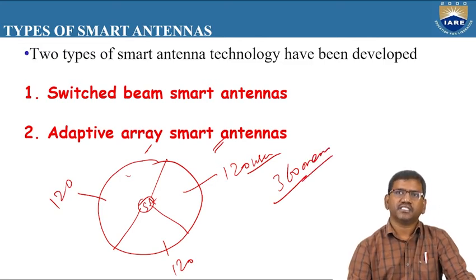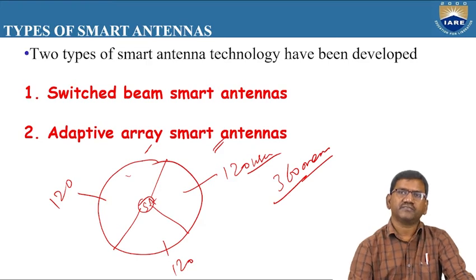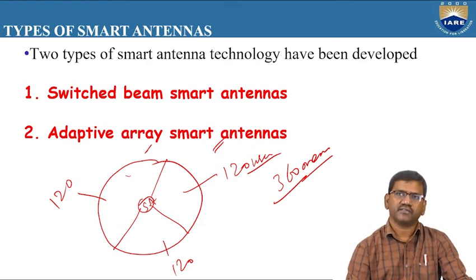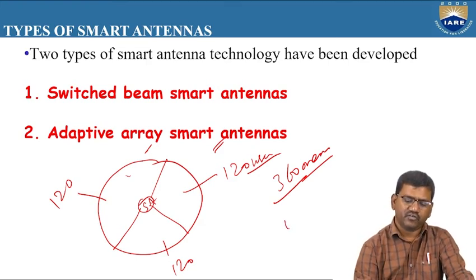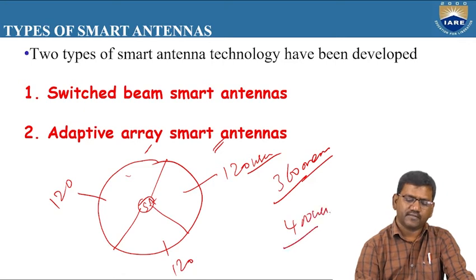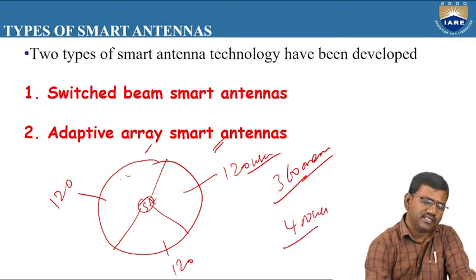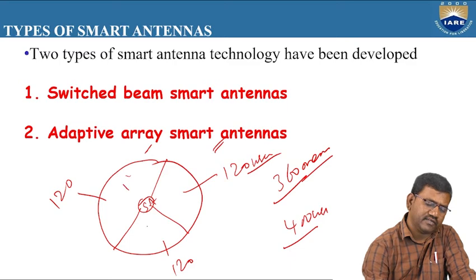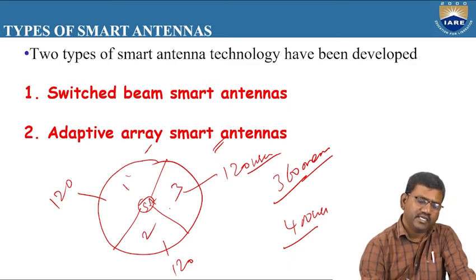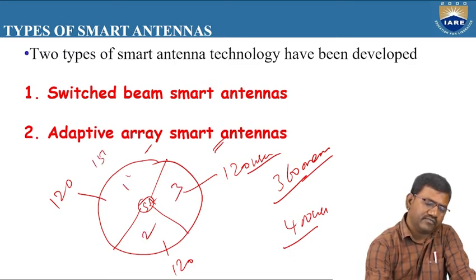So for more than 360 members, these switched beam smart antennas cannot give service. Suppose there are 400 users, and this is region 1, this is 2 and this is 3. In region 1, suppose there are 150 users.